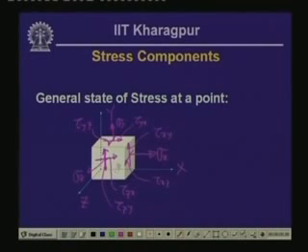Likewise, the other three faces, which are hidden from this side, also have the three components of those stresses, which are sigma and, in two planes, tau. Now, this particular plane, the normal to which is acting in the negative x direction, will have the stress sigma x acting in this direction.